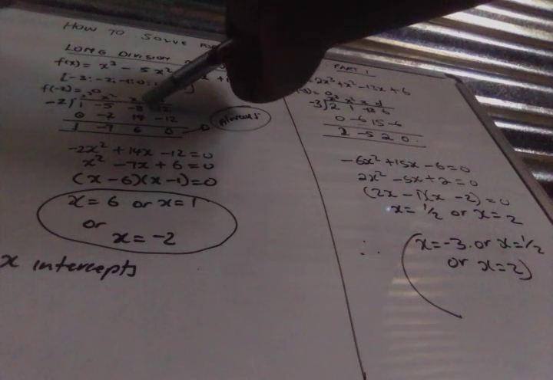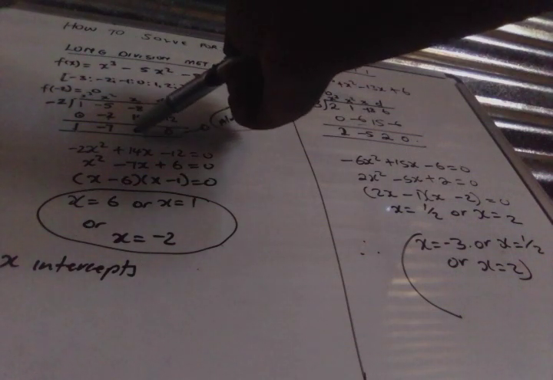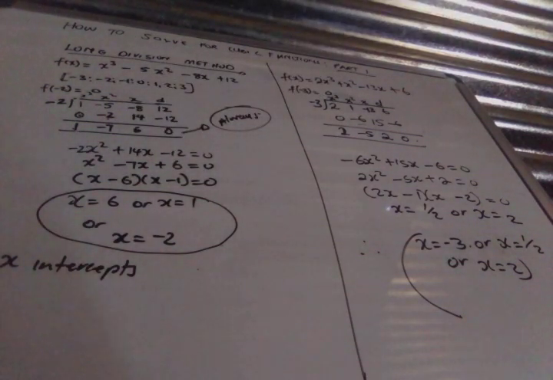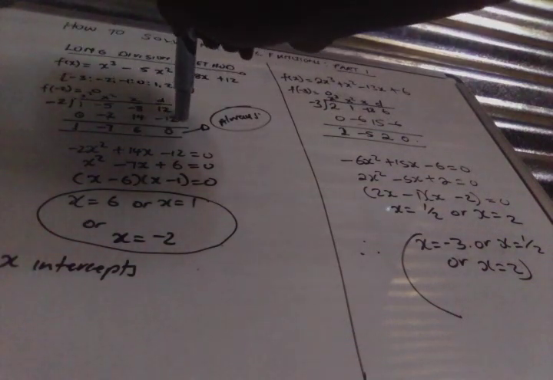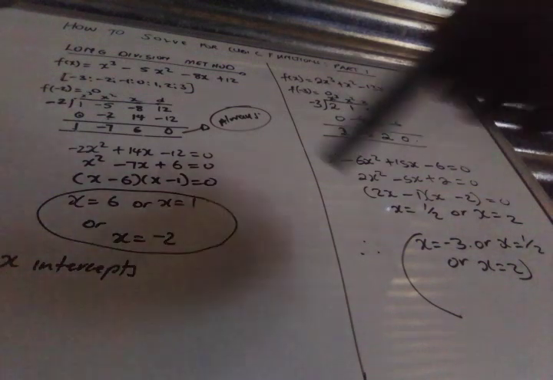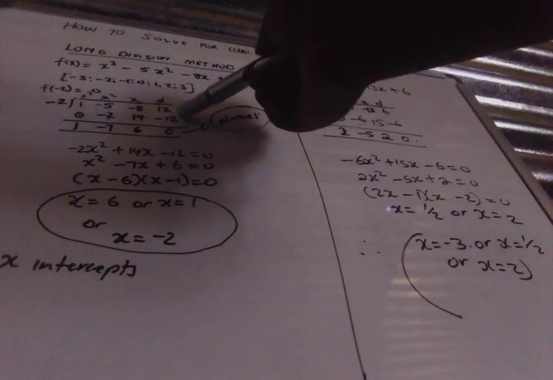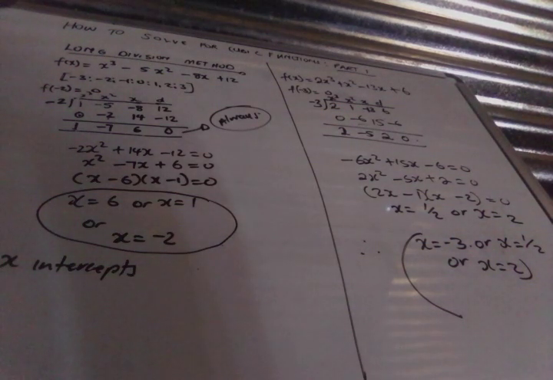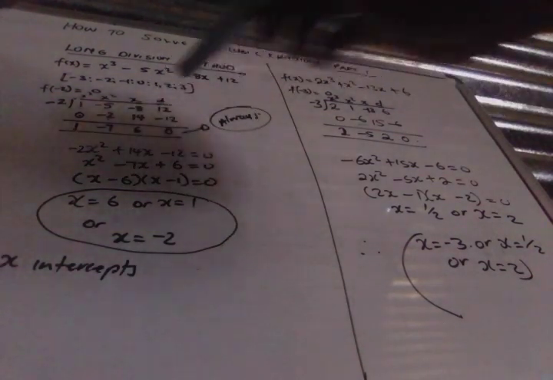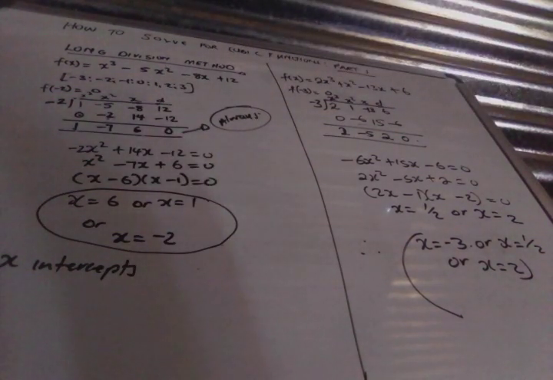Again, -8 plus 14 gives 6. Again, 6 times -2 gives -12, and I write it there. Then 12 plus -12 gives 0. Notice that if you've done the long division method correctly, you must end up with 0 at the end. So this is how you do it.